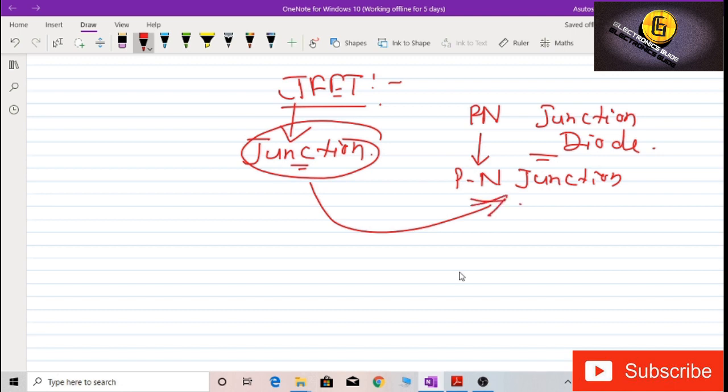We know from the construction of a PN junction diode that a PN junction can be formed by taking a p-type semiconductor and an n-type semiconductor into the same crystal, and at this meeting point a junction is formed.